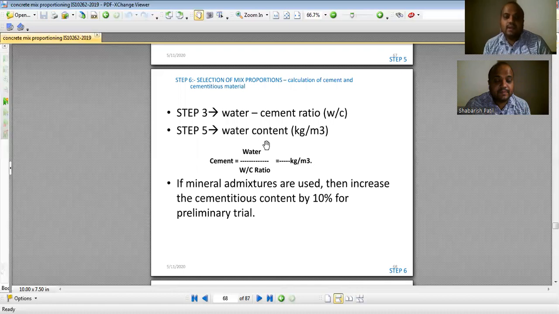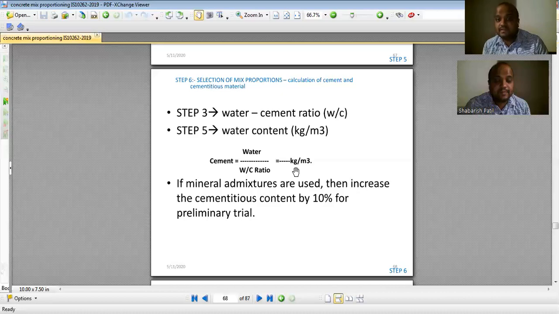Now, if I'm using a mineral admixture, preferably I'm supposed to increase this cement content by 10%. Say the value I get is around 300 kg per cubic meter for cement.